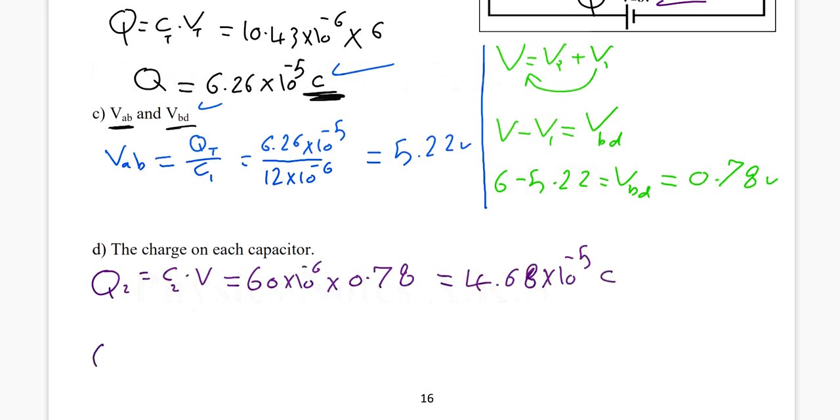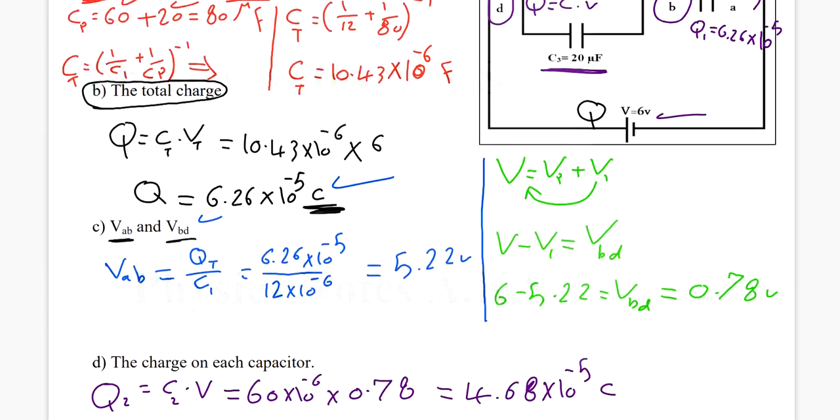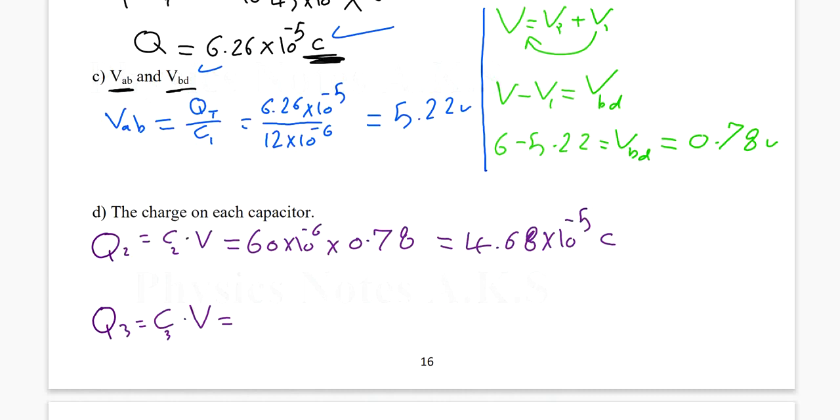Now the Q in capacitor 3 is going to be capacitance 3 multiplied by the V. How much was it? It was 20. Okay, good. So it is 20 multiplied by 10 to the power -6, multiplied by the voltage, which is 0.78.